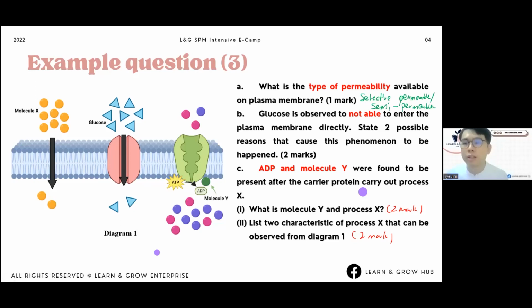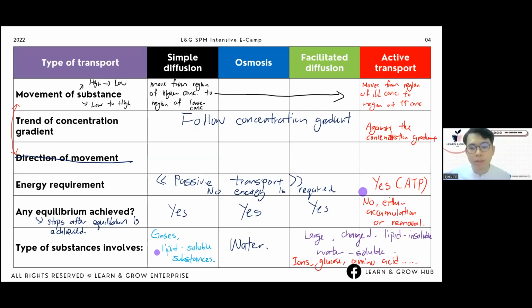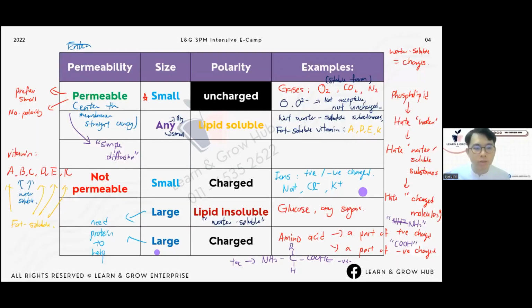Secondly, they ask, glucose is observed to not be able to enter the plasma membrane directly. They need two possible reasons. Just now we checked our table. Glucose is what kind of substance? Glucose is large, water soluble, or you say lipid insoluble.